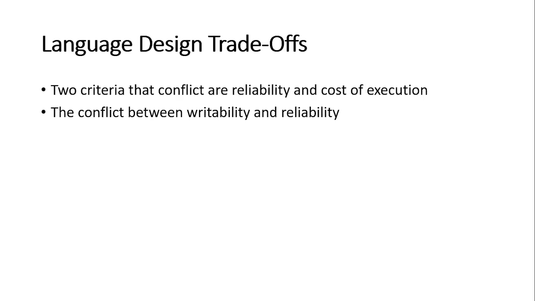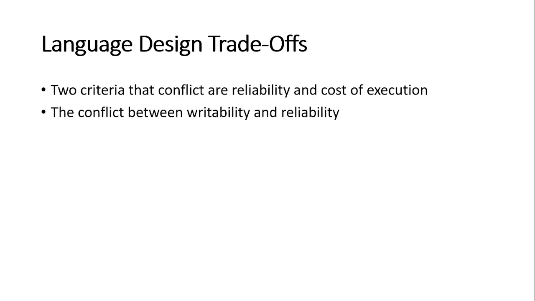The conflict between readability and reliability is a common one in language design. For example, the pointers of C++ can be manipulated in a variety of ways, which supports highly flexible addressing of data when we are using pointers, and because of the potential reliability problems with pointers, they are not included in Java.